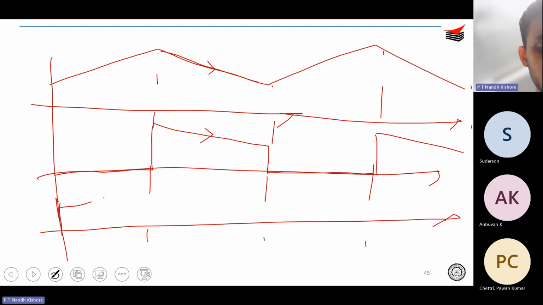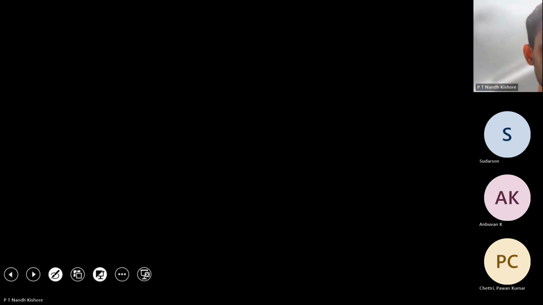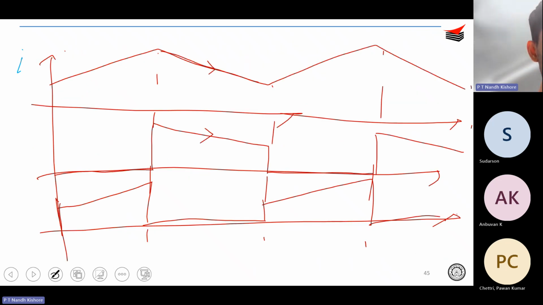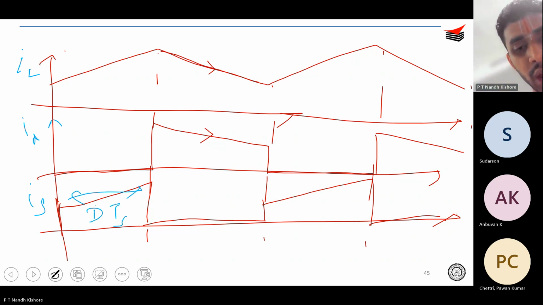And what will be your source current? Source current will be during the turn on period of the device, right? If this is your IL, this will be ID, and this will be IS. So during the D Ts period, your source is on, and during the 1 minus D Ts period, your diode is on.